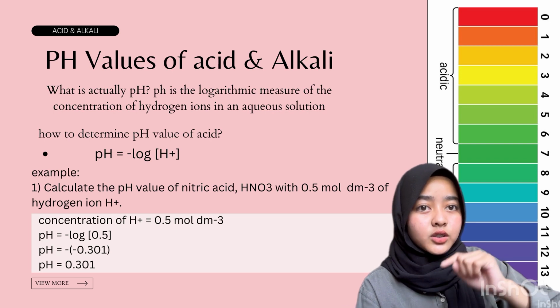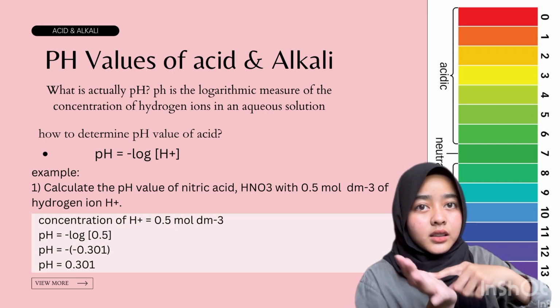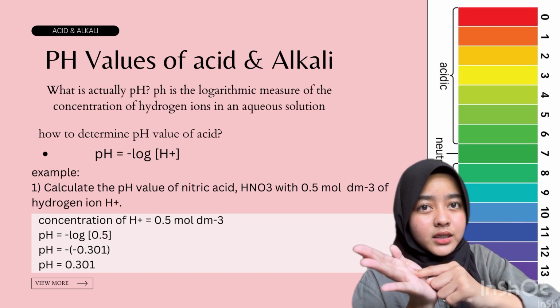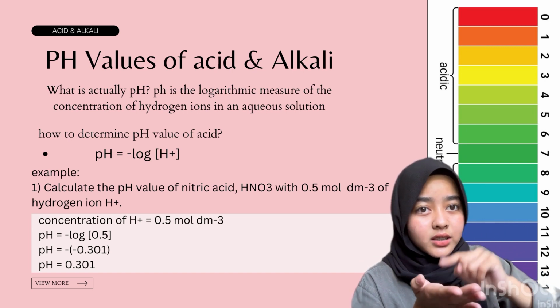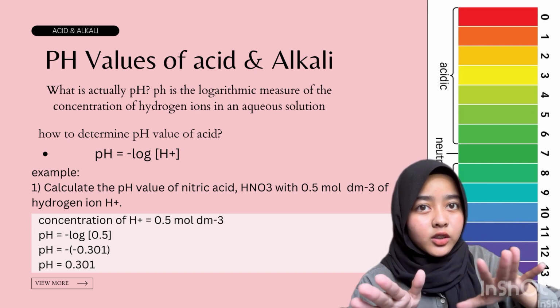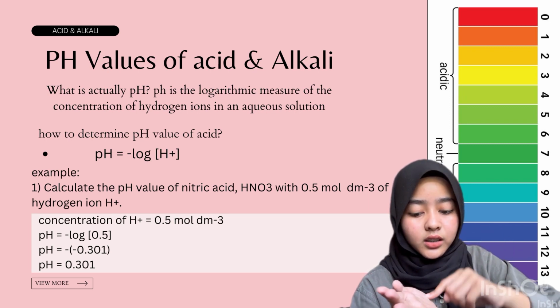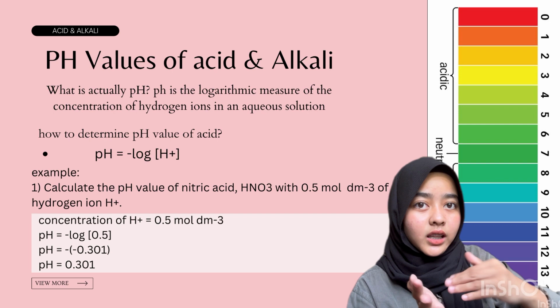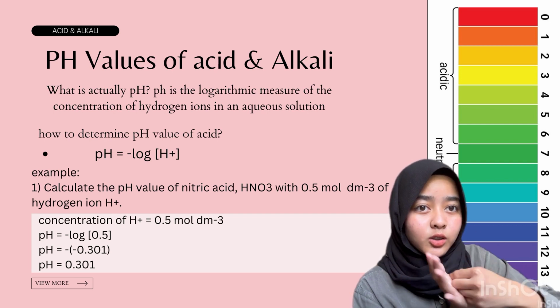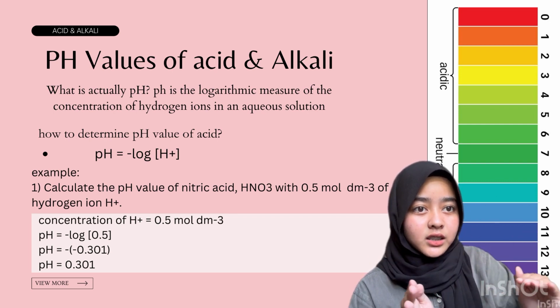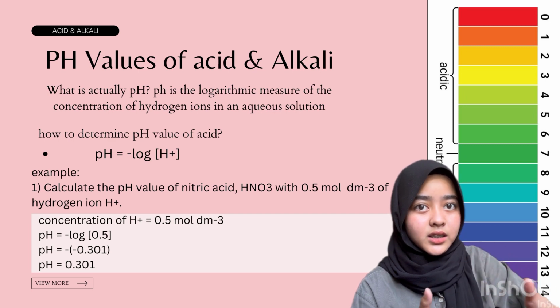And then use calculator and press the log and bracket 0.5. Do not include the negative first, because the next step we can include the negative, because if we include it at the first calculation, it will give us a different answer.